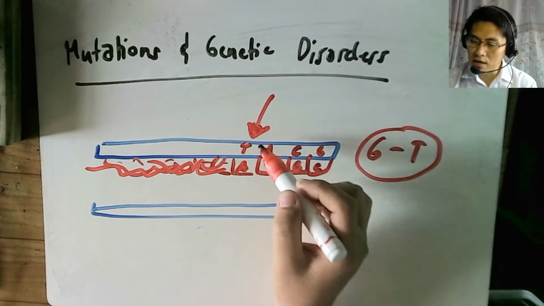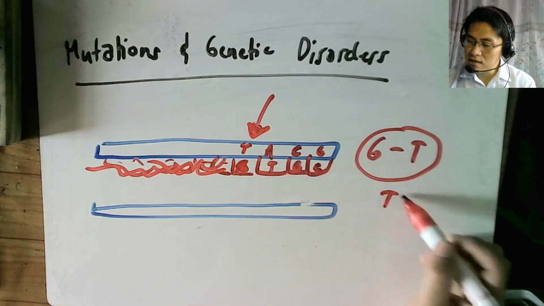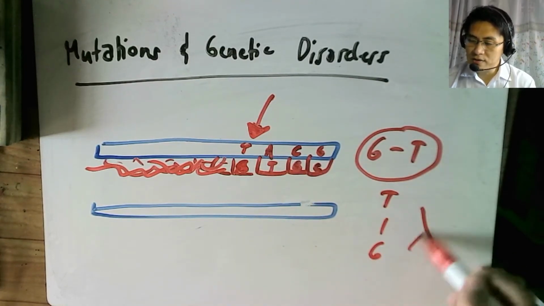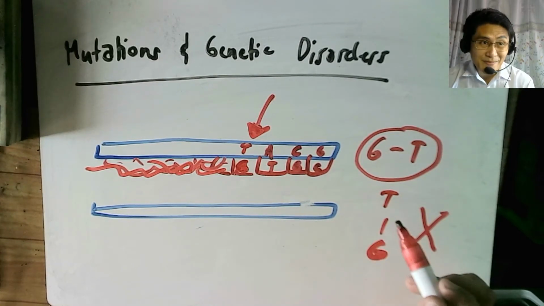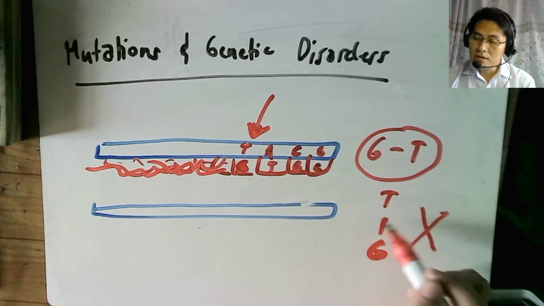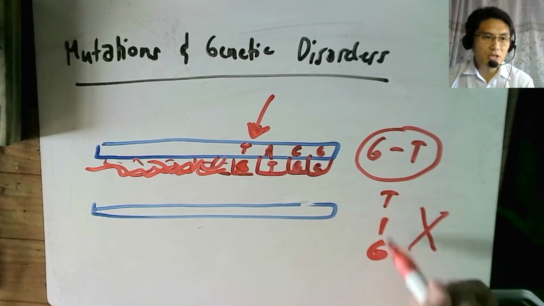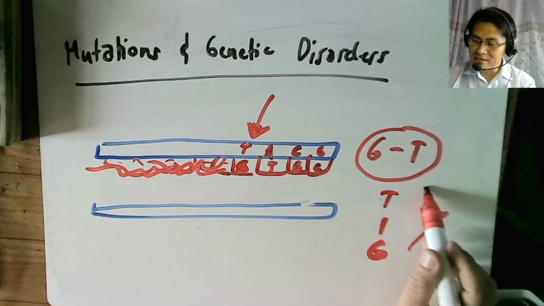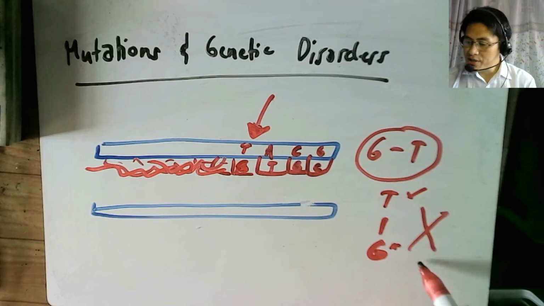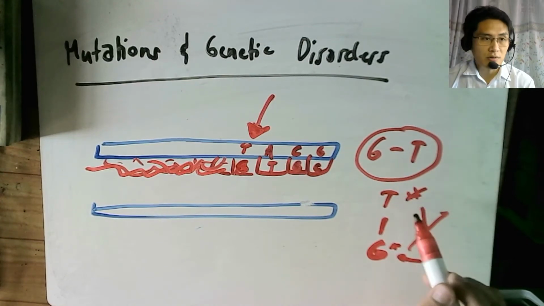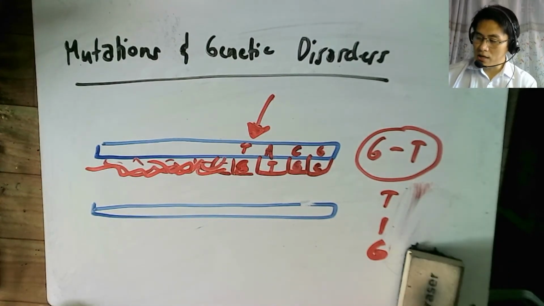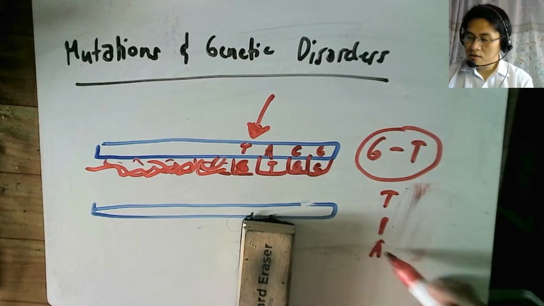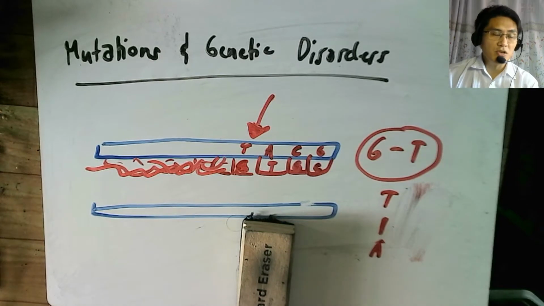They see that this is a T paired with a G. They know that this should not be paired, but the DNA doesn't know which one is correct there. Is it the T that's correct and G is wrong? Or is it G that is correct and T is wrong? If the DNA makes the correct decision and says, let's replace this with an A, then there's no mutation because that's the original setup anyways.